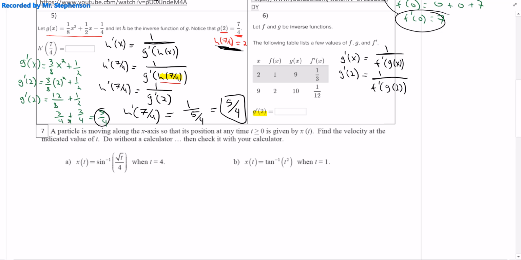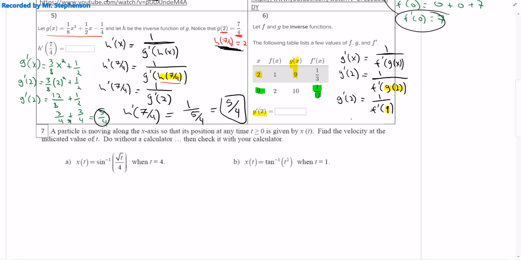Now I just have to figure out what these things are. G of 2 is on this chart. I look at g and I look at 2, which is going to be 9. We're just simplifying little by little. Therefore, I can replace g of 2 with 9, and now I'm left with 1 over f prime of 9. Well, if I plug in 9 to f prime, I get 1/12.